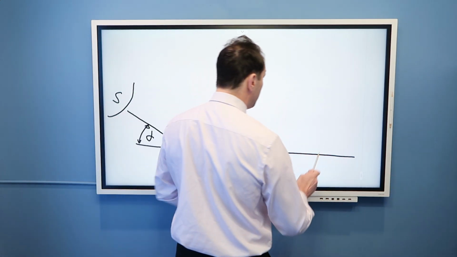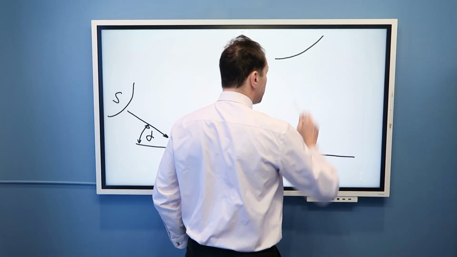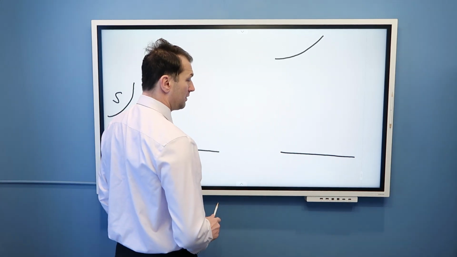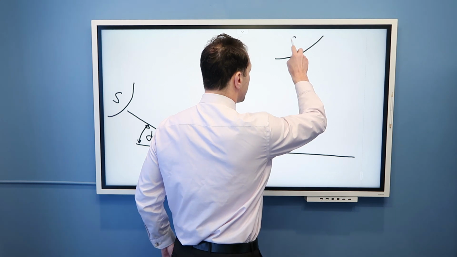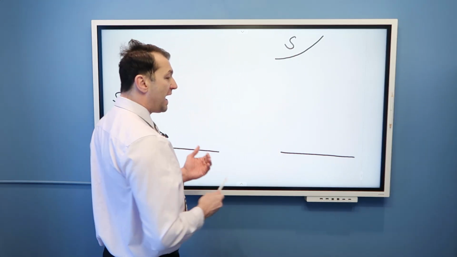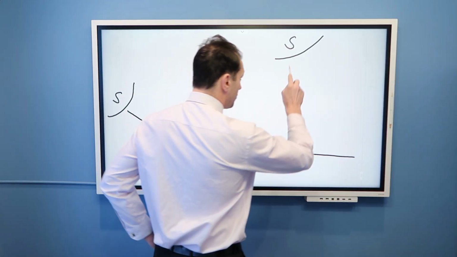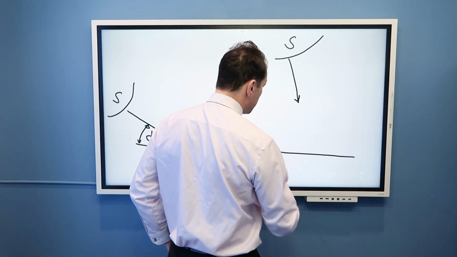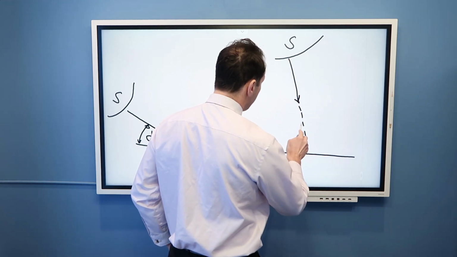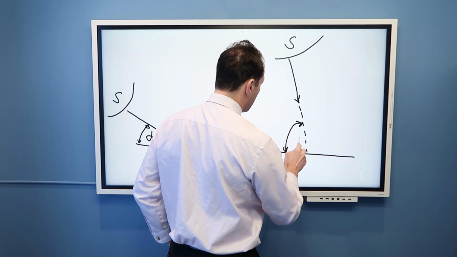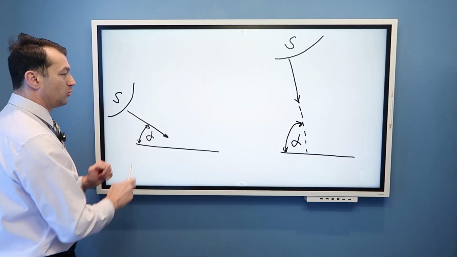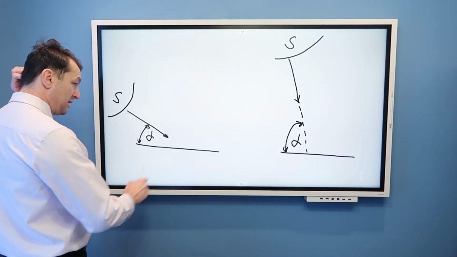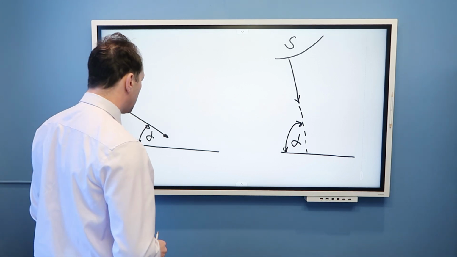In situation number 2, sun is high in the sky, which corresponds to hours around local noon. So you can see that the sun rays have much larger angle, alpha, with respect to the horizontal surface than in the case when we had morning hours.